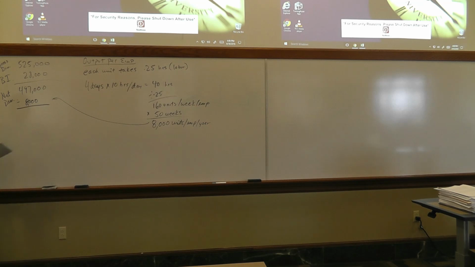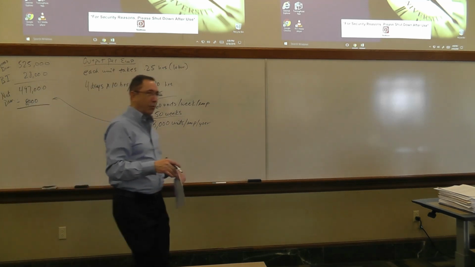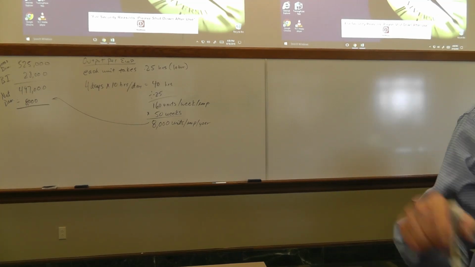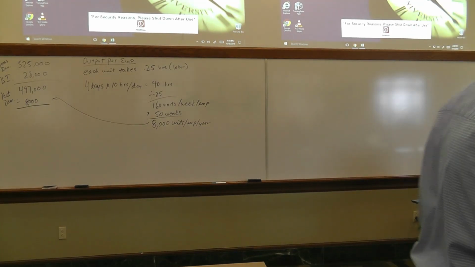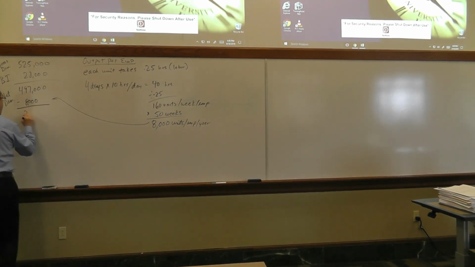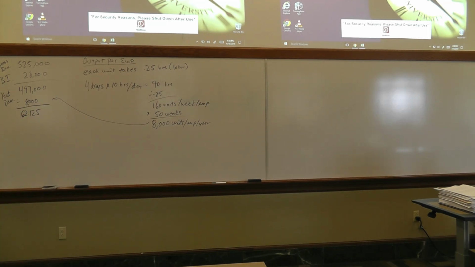As you can tell, I haven't solved this yet, so I'm asking for your help as we work through that. 62.125. Yes. We need just over 62 workers to be able to produce that 497,000.